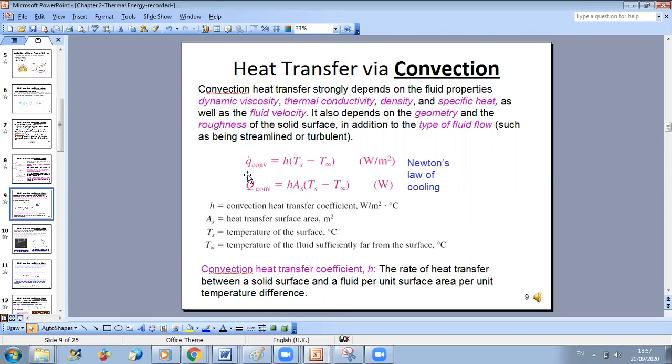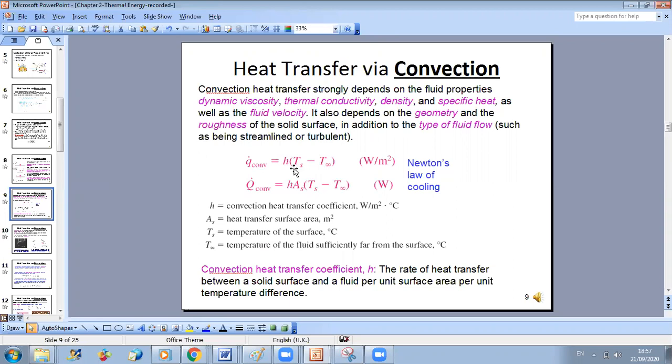Now, the heat flux per unit area of convection is defined as the convective coefficient h times delta T, where delta T is the difference between the surface temperature and the ambient fluid temperature. So T infinity is the temperature of the fluid that is far from the surface, okay? And Ts is the surface temperature.